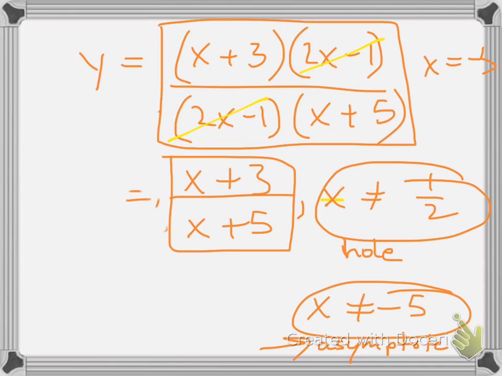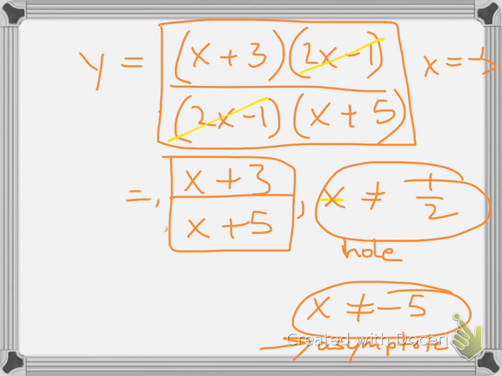Discontinuities, something that breaks the function, something that breaks the expression. If we were given this problem, would we have to write the 1/2 and the negative 5? At this point, I don't care if you write them both, or if you understand this concept and you just want to write the one excluded value that has to be excluded, write that one. Because I want you to be able to tell the difference between the two. It's always safe, however, to exclude them both.